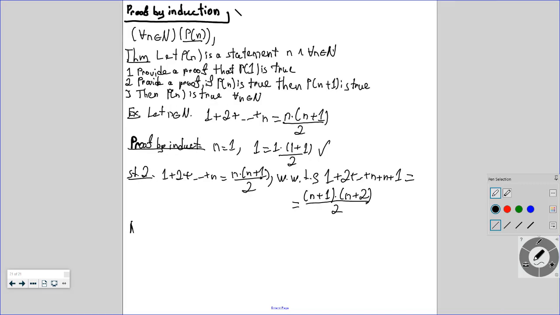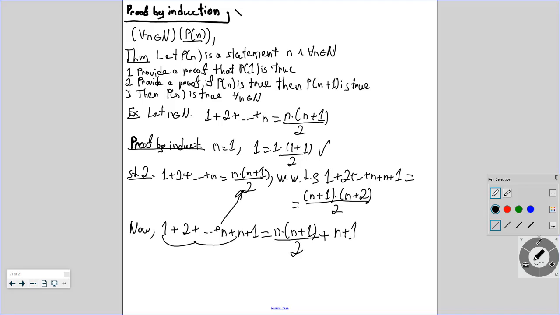Now, we know that 1 plus 2 plus ... plus n plus 1 is equal, since this is true by assumption, then we have this.